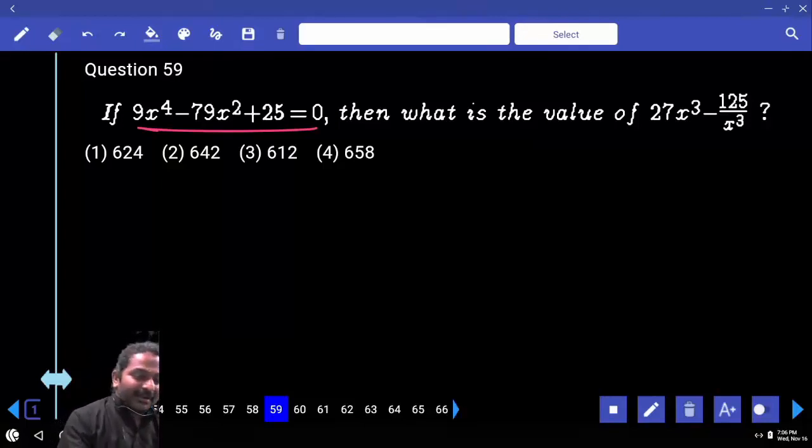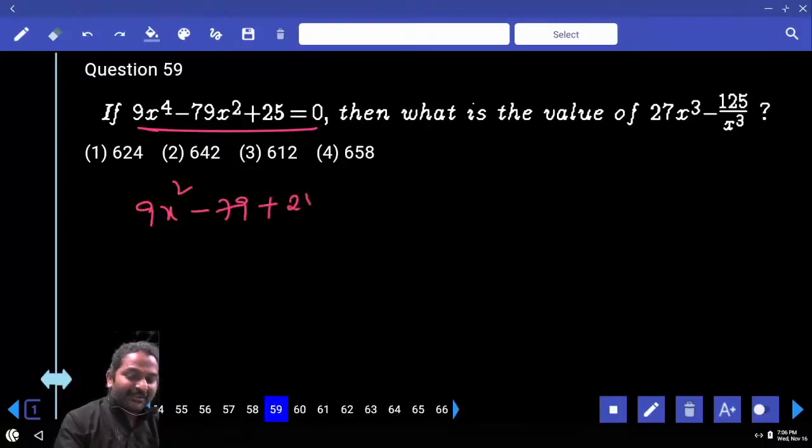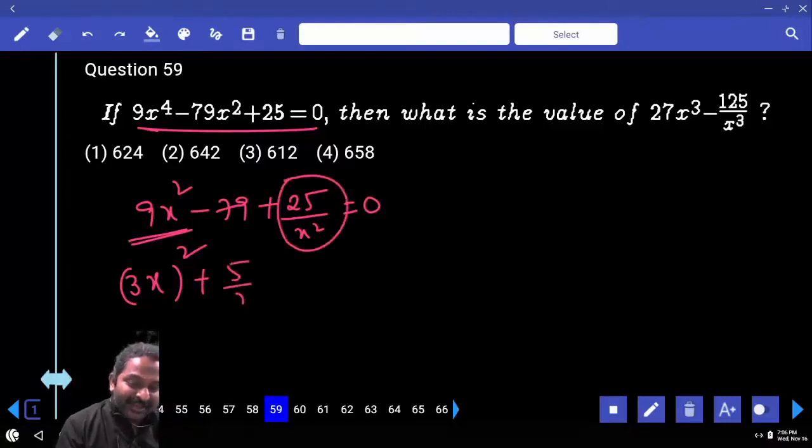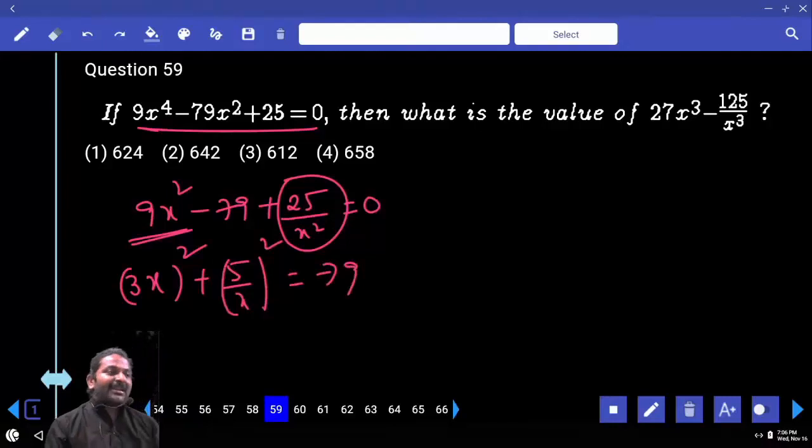That becomes 9x square minus 79 plus 25 by x square is equal to 0. Minus 79, we can take that to the other side. Now we can write this 9x square as 3x whole square plus 25 by x square. Third term I am writing it as 5 by x whole square is equal to 79.